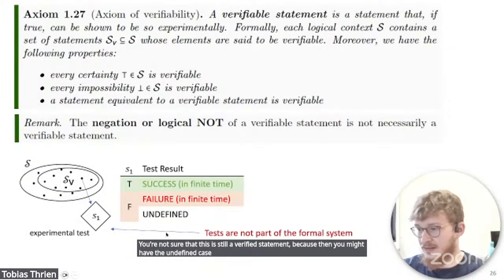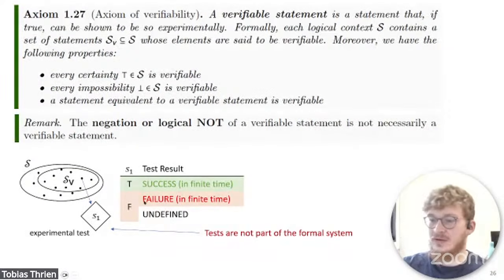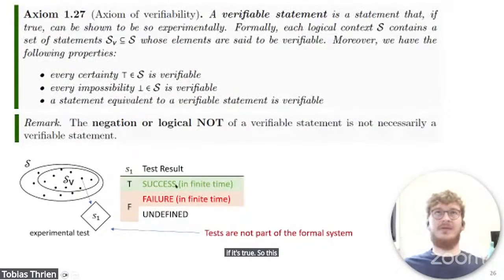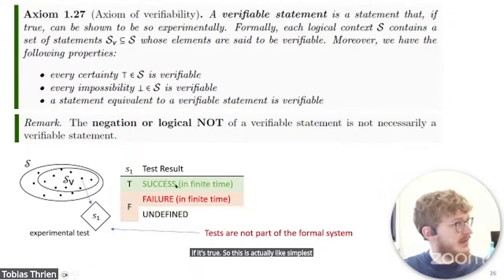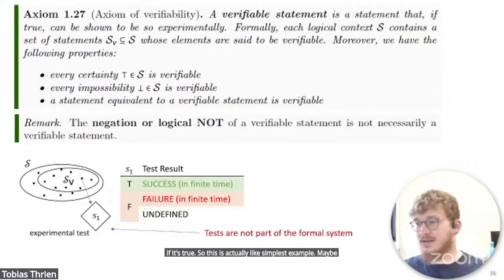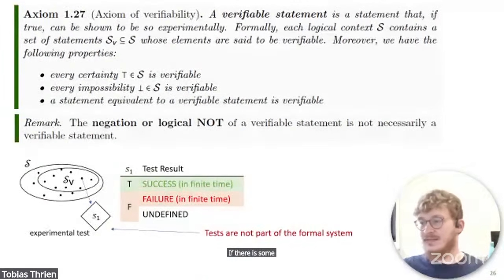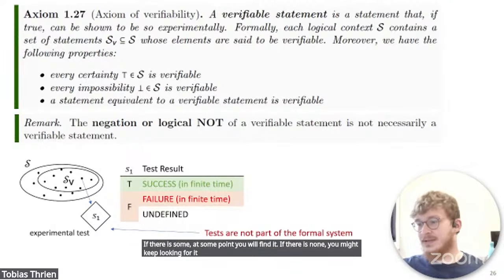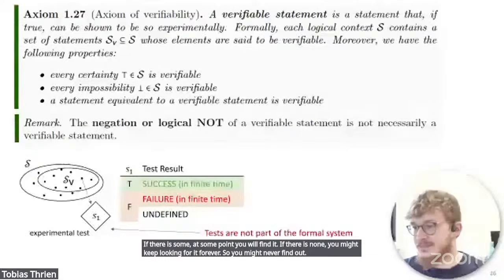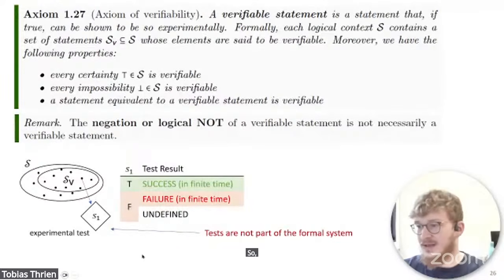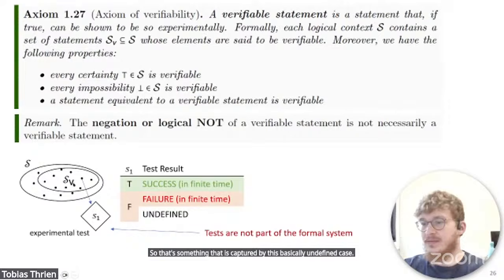The simplest example is maybe looking for extraterrestrial life. If there is some, at some point you will find it. If there is none, you might keep looking for it forever. So you might never find out. That's something that is captured by this undefined case.